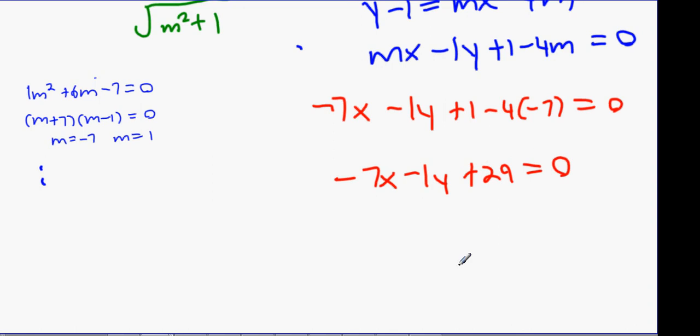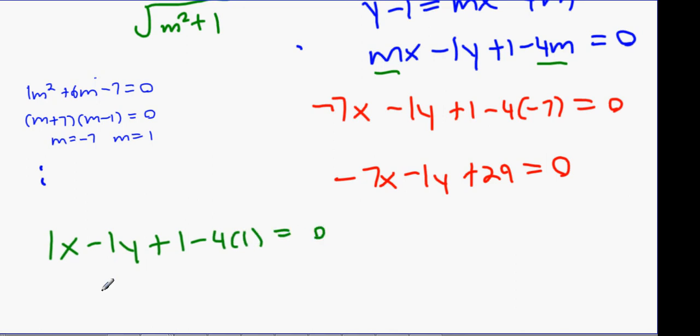That's one equation. The second equation is replace m with 1. When we replace it with 1, we're going to get 1x minus 1y plus 1 minus 4 times 1 equals 0. And what we get here is x minus y minus 3 equals 0.